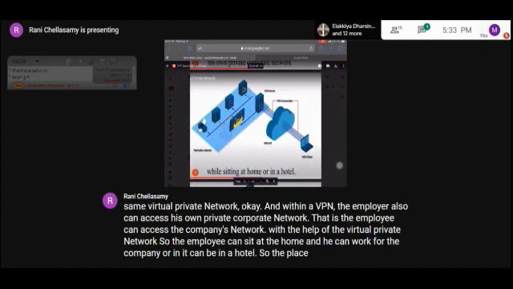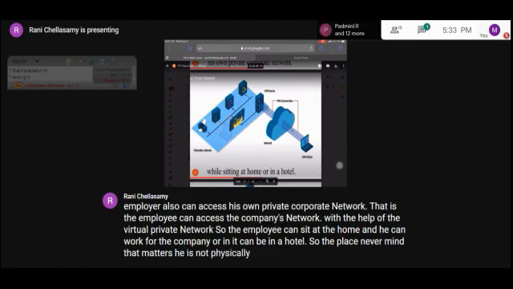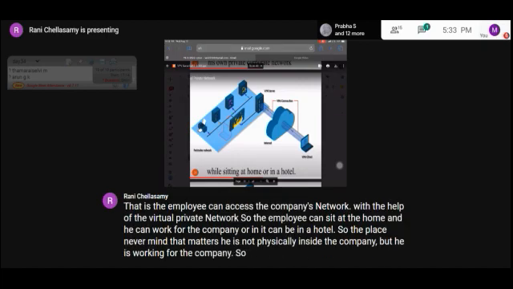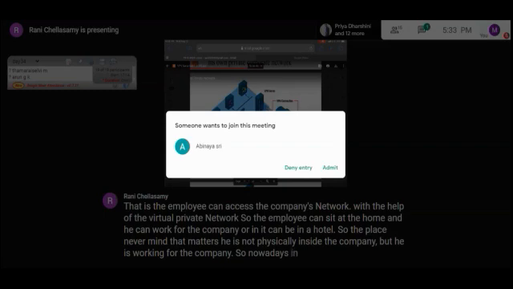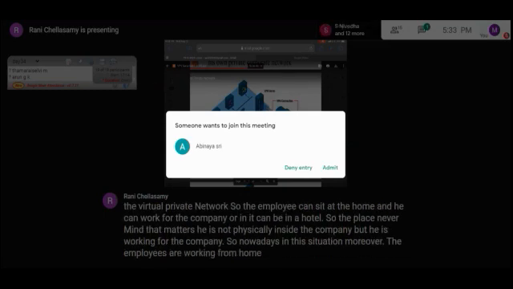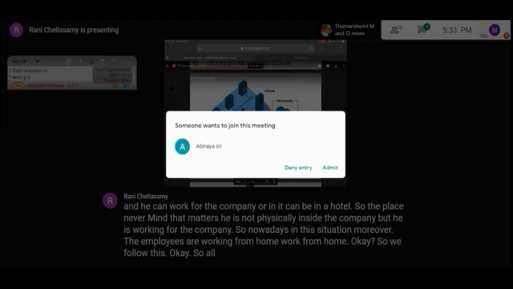The place never mind that, but he is not physically inside the company, but he is working for the company. Nowadays, in this situation, moreover, the employees work from home. So all are connected via the internet.